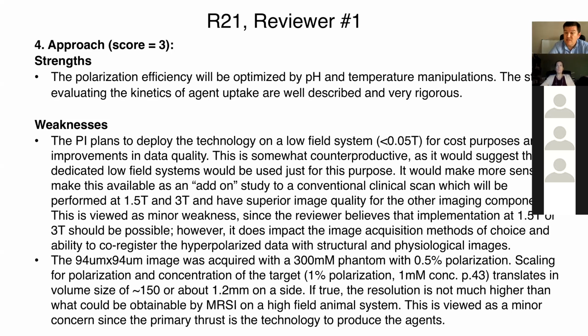This is viewed as a minor weakness. My point here, as you can see, is that this is very polite language, and there are strengths and weaknesses being described. In this particular case, the score was not great, not 1 or 2, so the reviewers provide some detailed critiques explaining why their score was less than perfect. So this is very much normal.